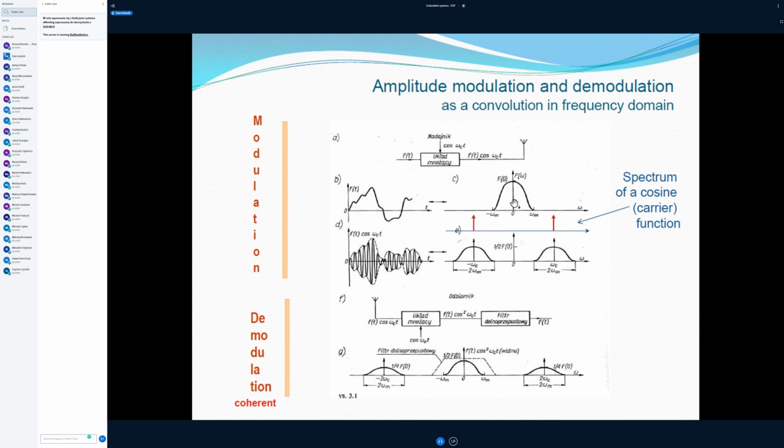On the left-hand side you can see symbolically drawn the spectrum of a signal and the spectrum of a cosine function, and if we convolve those two we will get our spectrum moved to the frequency indicated by our carrier.